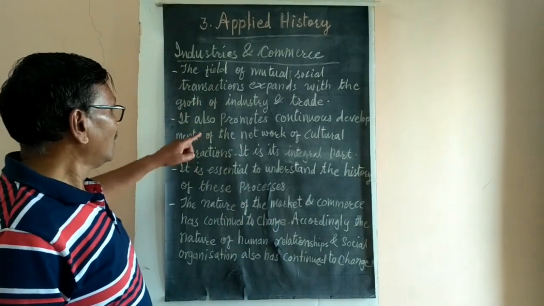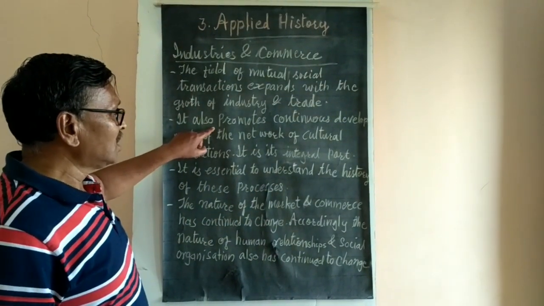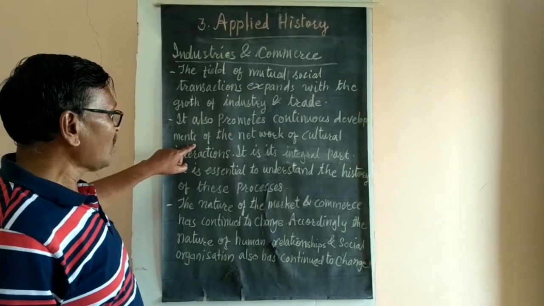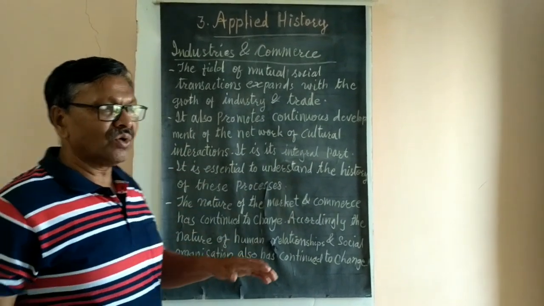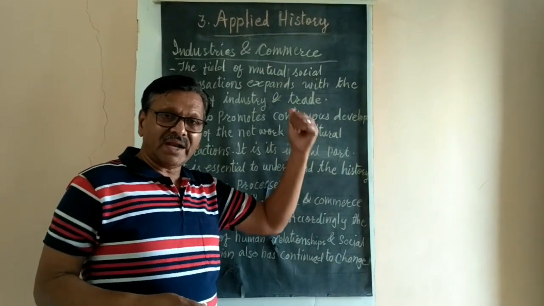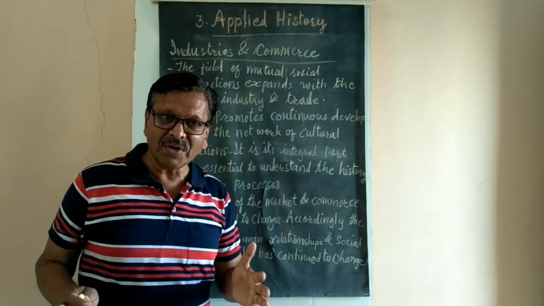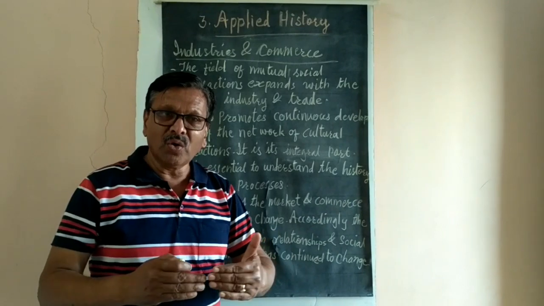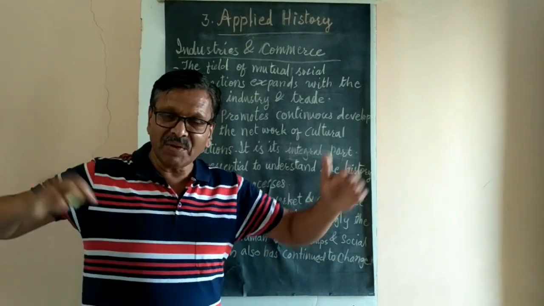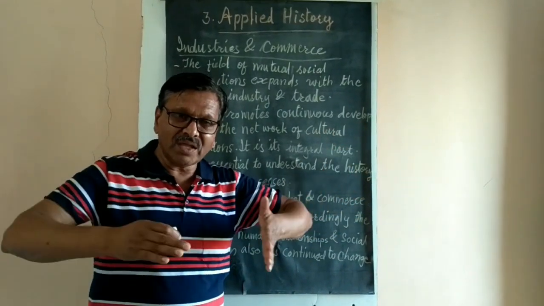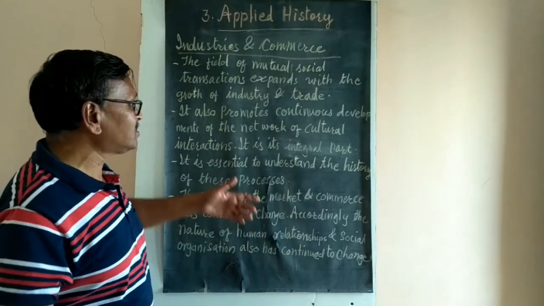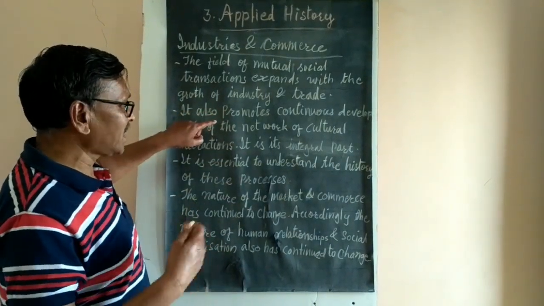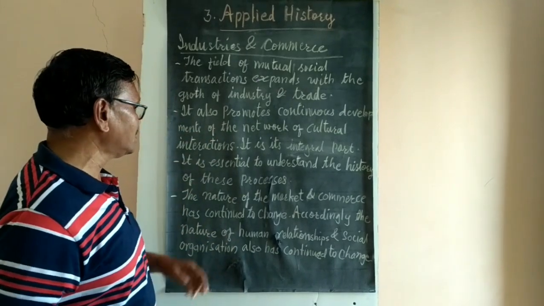So it also promotes continuous development of the network of cultural transaction. Not only did trade and commerce increase, but people from different regions came together and started trading. So their cultural transaction also started increasing.